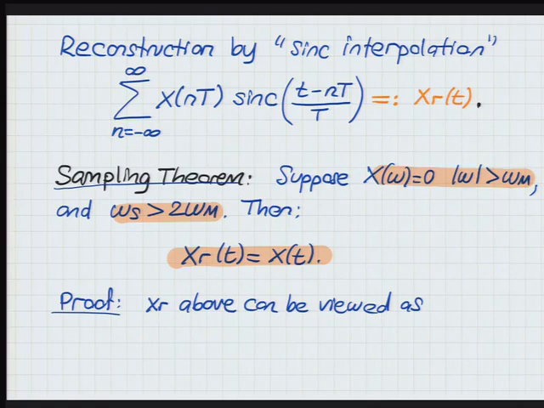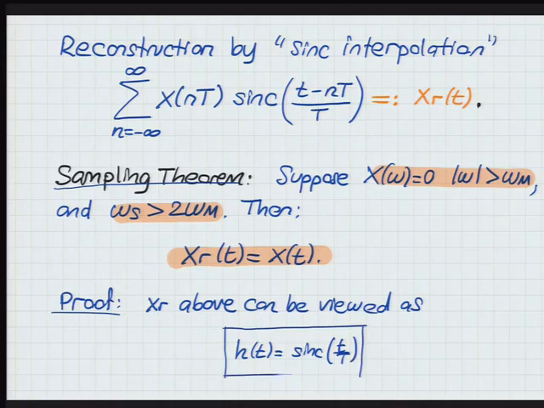I claim that if I have an LTI system whose impulse response, h of t, is sinc of t by T, okay, so that's the LTI system with this impulse response.